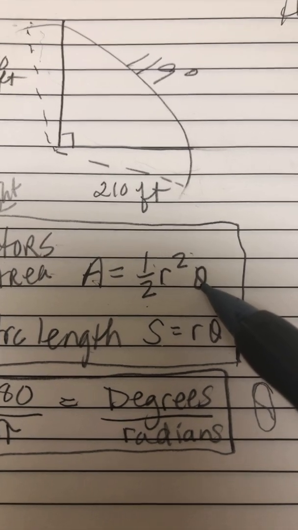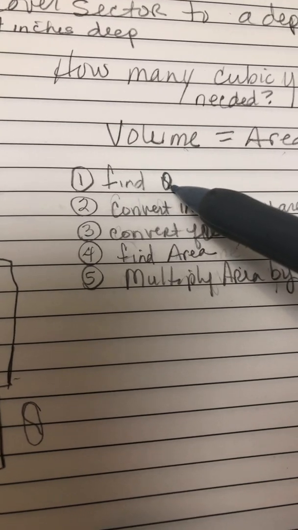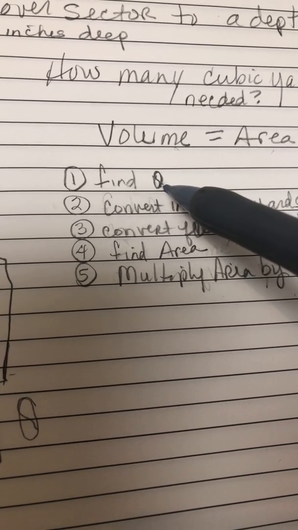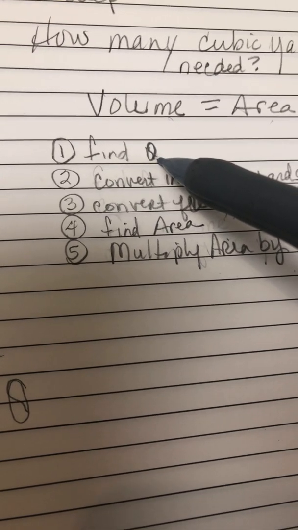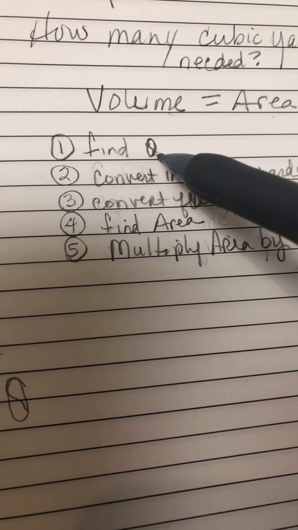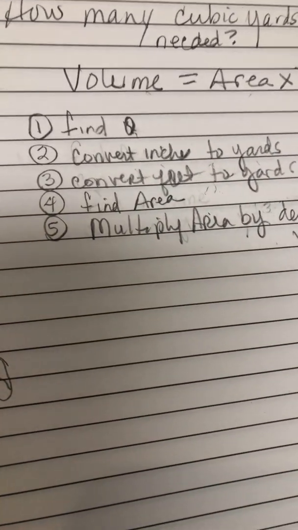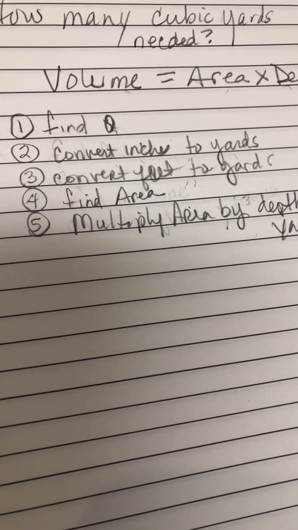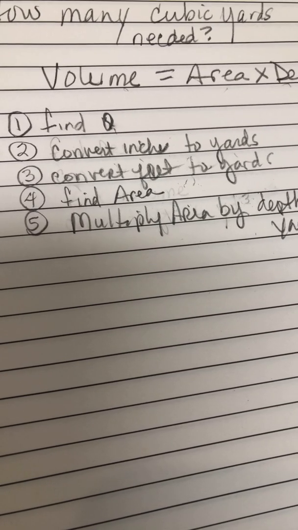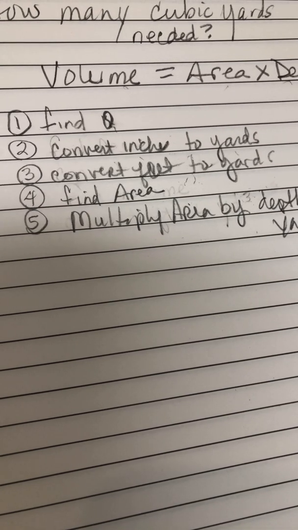So the steps we're going to take: first, we need to find the radian before we can find the area. Then we're going to convert all of our measurements to yards. We can either do that at the beginning, or as we go along, and then in the final answer make sure everything's converted to cubic yards.